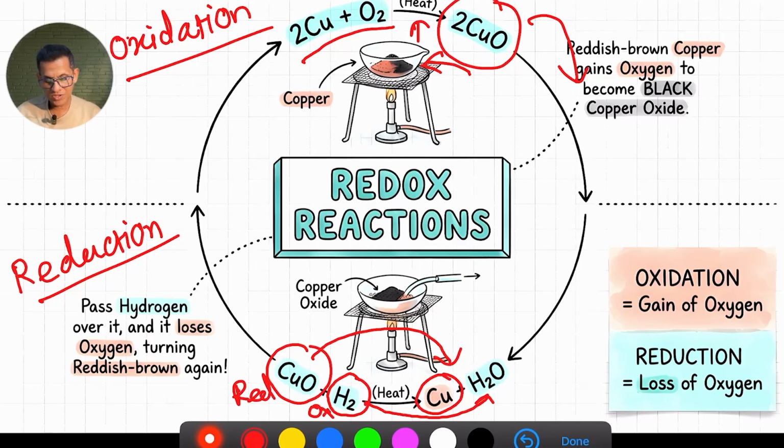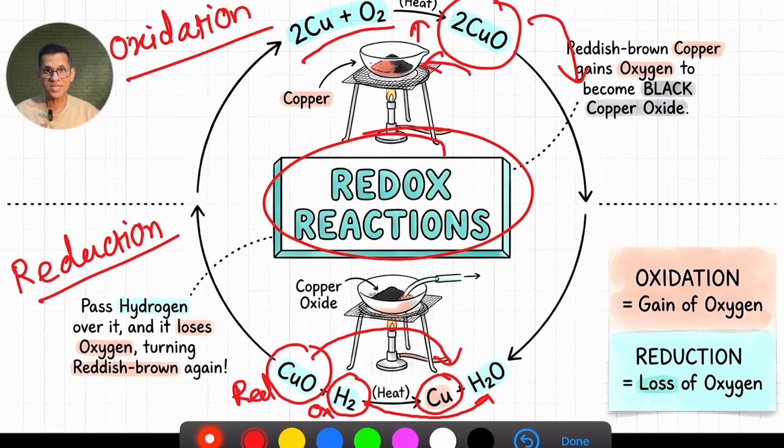In this particular reaction, both reactions are happening simultaneously. One reactant is getting oxidized and the other reactant is getting reduced. So we call such reactions redox or oxidation reduction reactions.